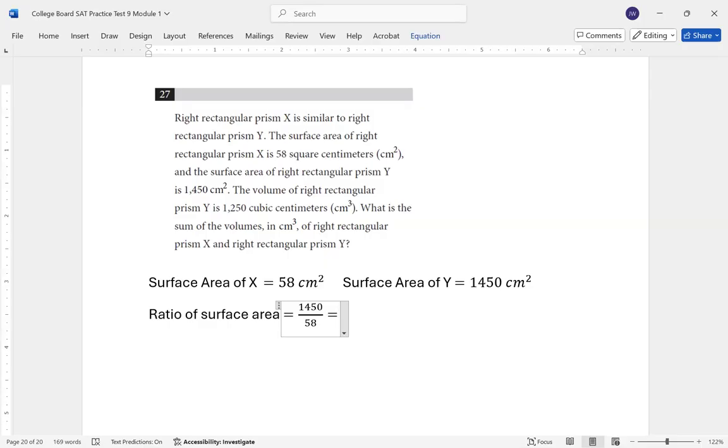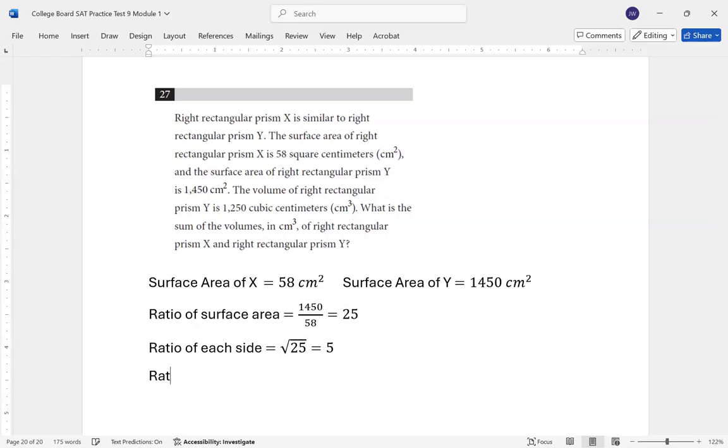That's square centimeters divided by square centimeters, and that's going to be 25. Because these figures are similar, the ratio of each side of the figure is not going to be 25, but rather the square root of 25, which is 5.